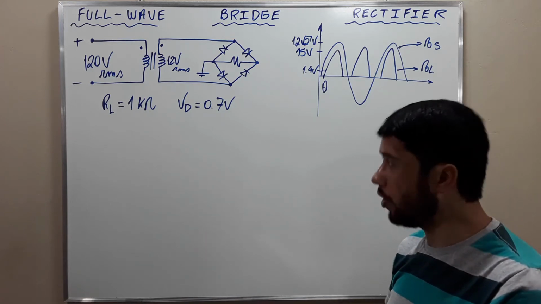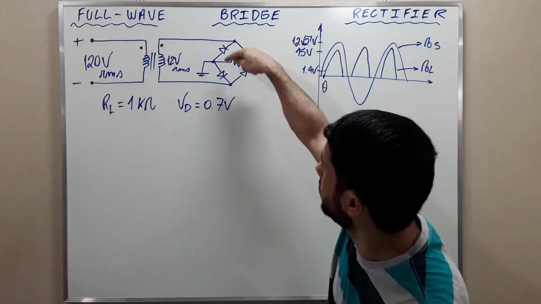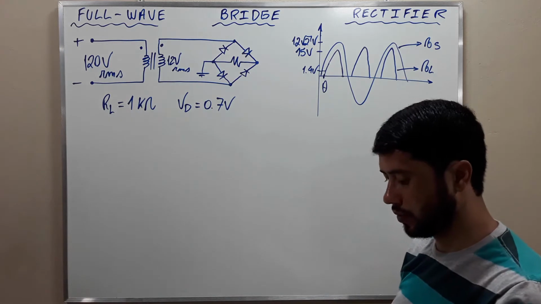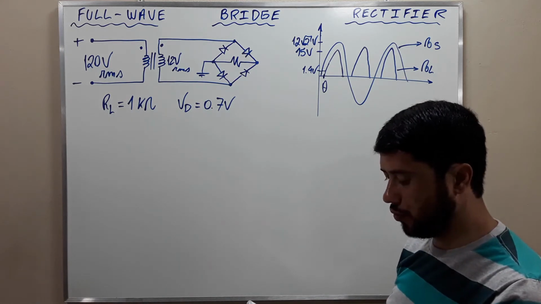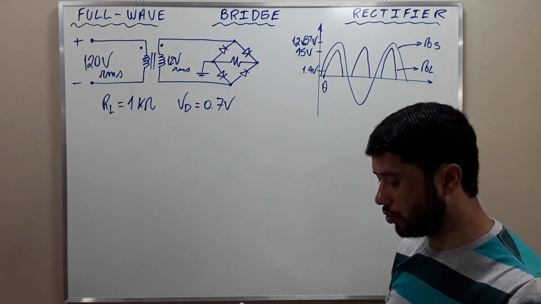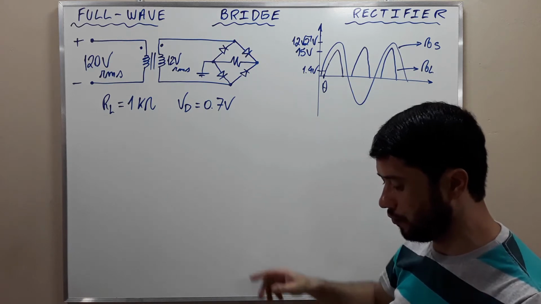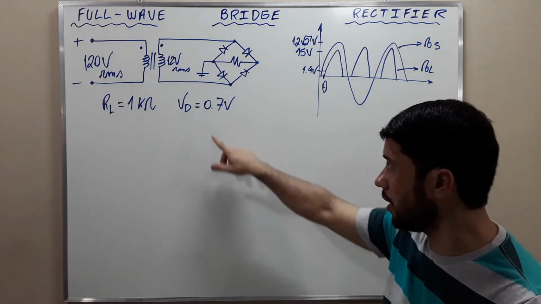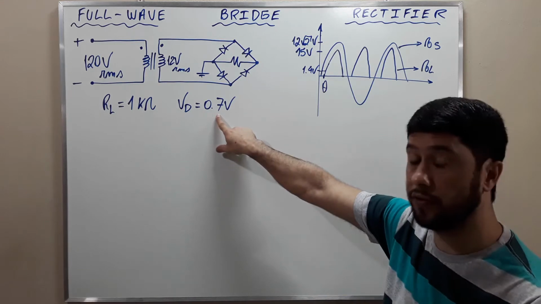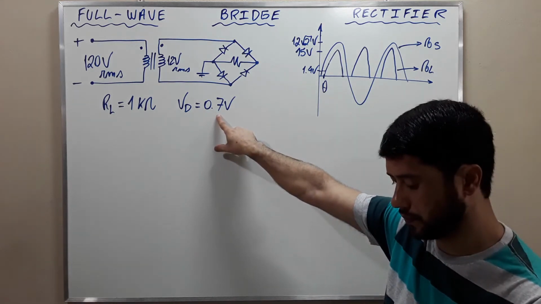It uses 4 diodes, each of which can be modeled to have a 0.7 volts drop for any current. This is the voltage drop of the diode.